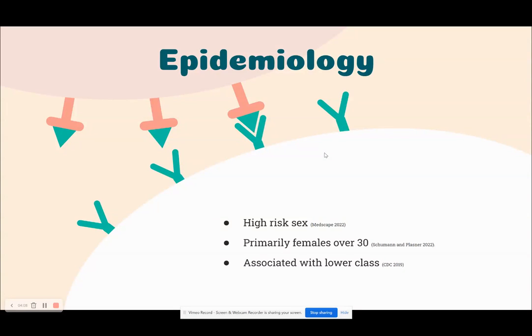Nevertheless, the U.S. noted that there were 2.6 million cases of trich in 2018. Regardless, those who participate in high-risk sex are most susceptible to trich infections. High-risk sex can be defined as those who don't wear protection while having sex, those who have multiple partners, those who have intercourse with somebody who is infected.